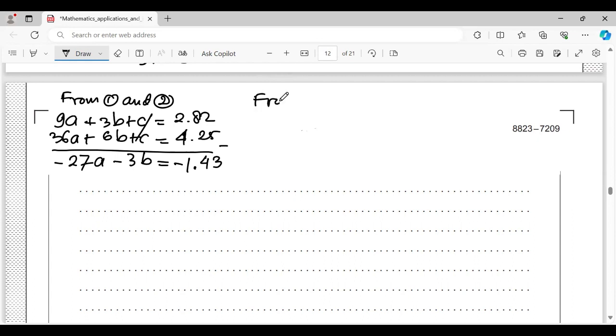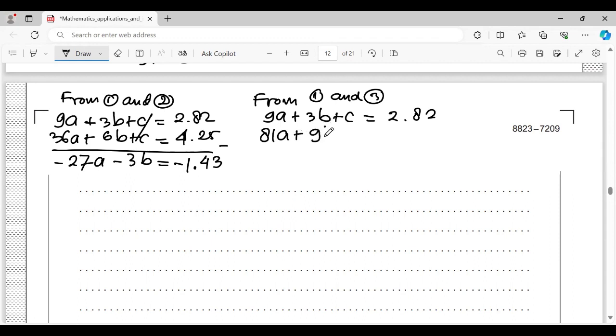Next, from equations 1 and 3: 9a plus 3b plus c equals 2.82, and 81a plus 9b plus c equals 5.30.